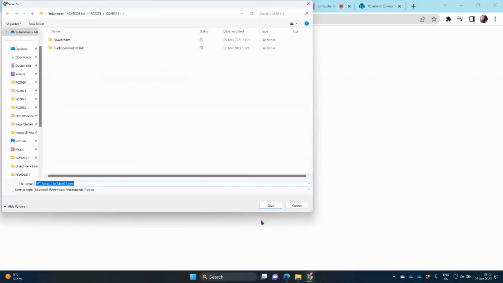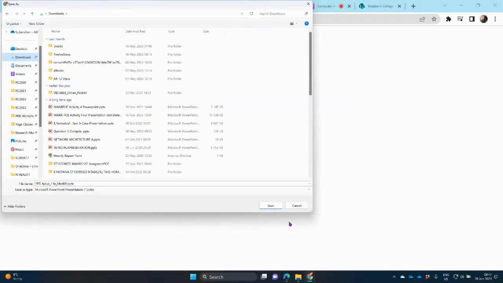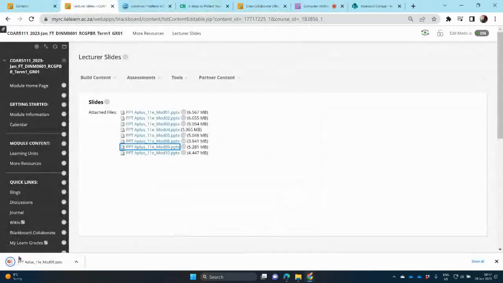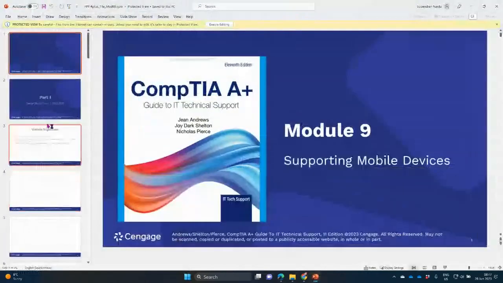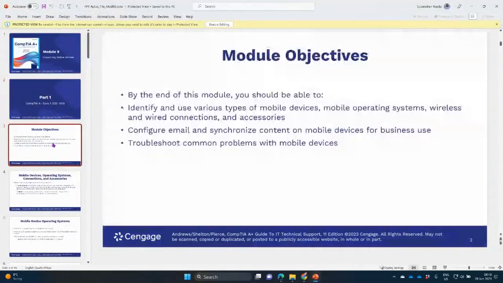So I'm going to open up the module 9 PowerPoint. And I'm going to browse through and have a look at what content is covered here. Okay, and it's exactly the same objectives that we had on Learn.